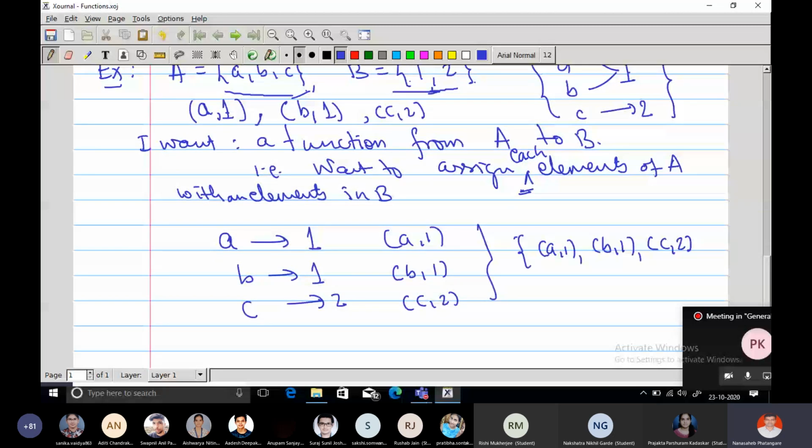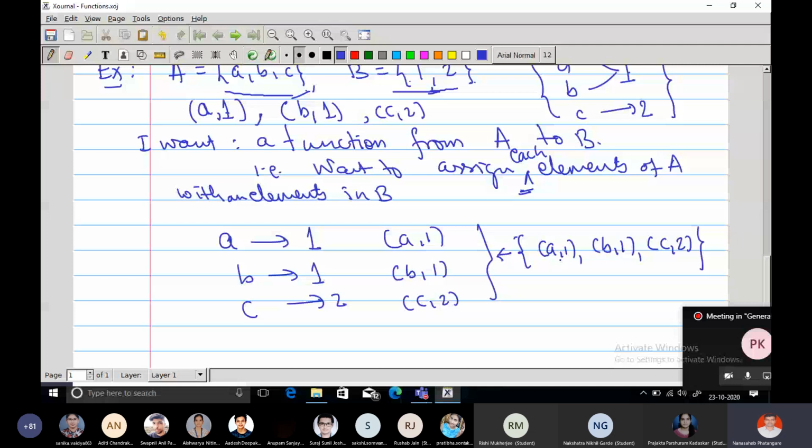Am I right? Yes, so this set of pairs gives me definite information: what A is assigned with, what B is assigned with, what C is assigned with. So every member of A is assigned with some member, and it is assigned with a unique member. So this set gives us information.